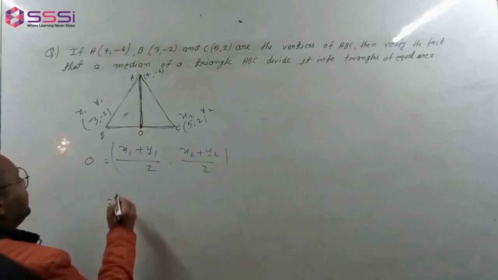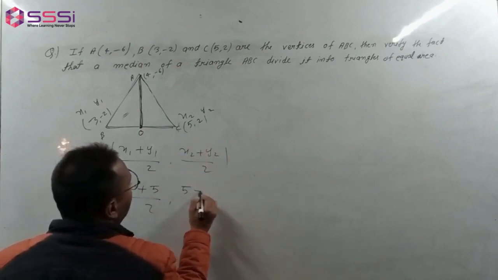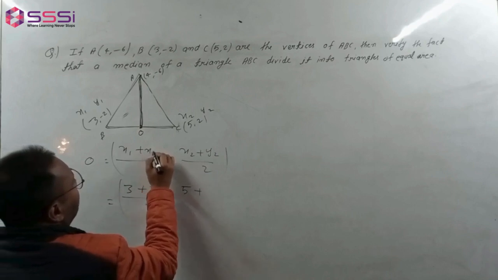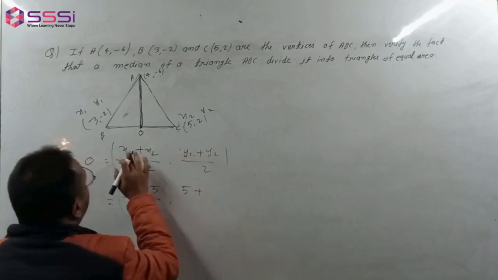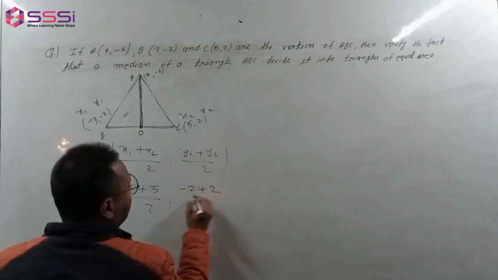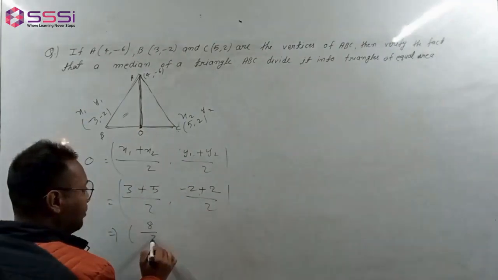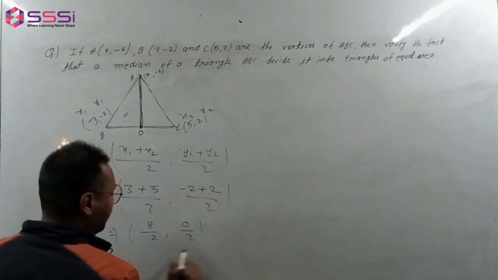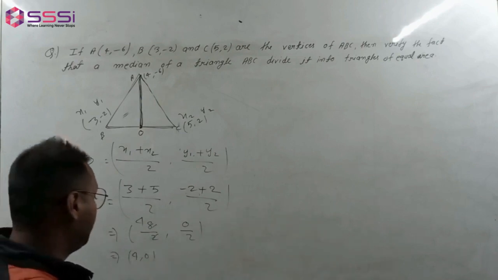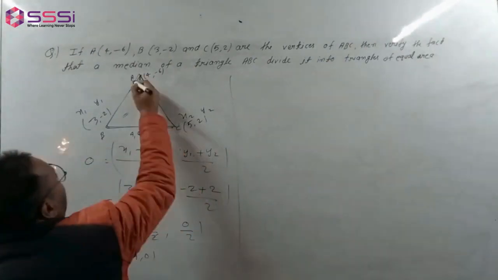Here x1 is 3 plus x2 is 5 divided by 2, and y1 is -2 plus y2 is 2 divided by 2. 3 plus 5 equals 8 divided by 2, and -2 plus 2 equals 0. 2 times 4 is 8. The midpoint O of BC equals (4, 0).